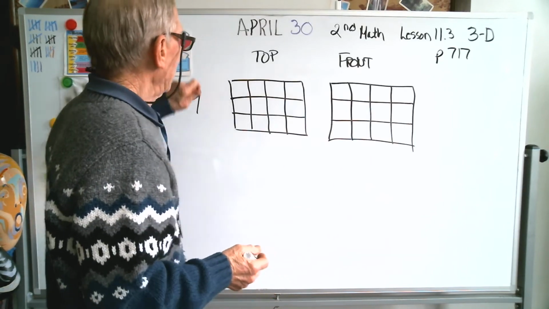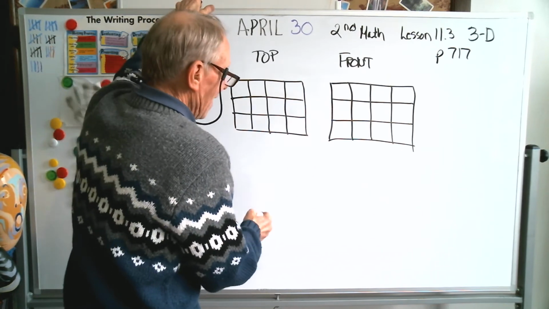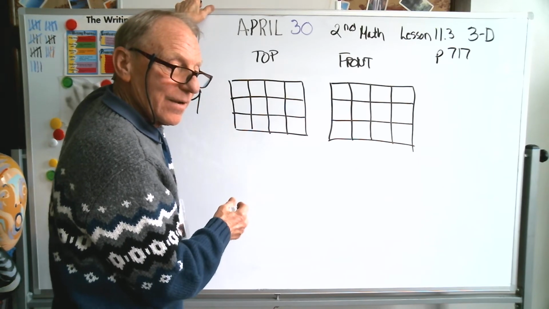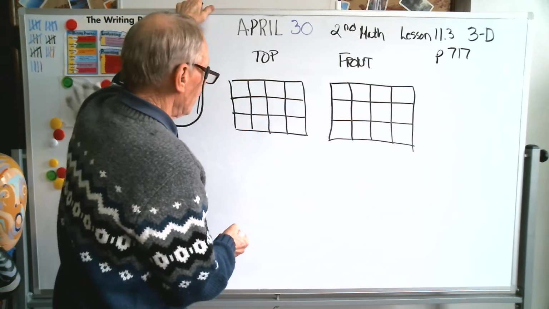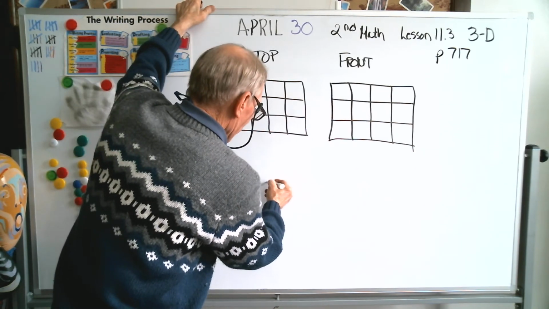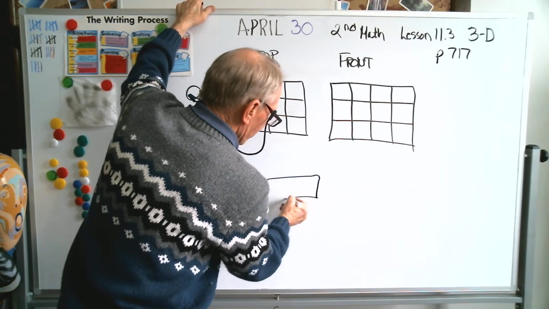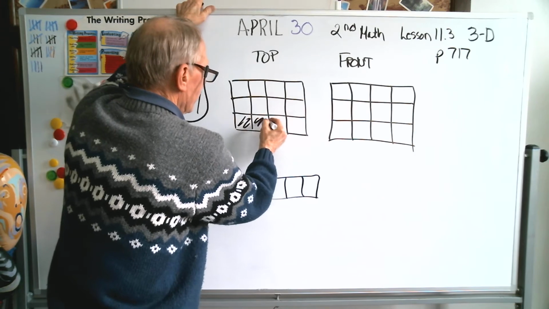So, we know that if we're going to have 9, that we got to have 3 as one of our numbers. So if we took on here 3 of those blocks, so we can shade in 3.